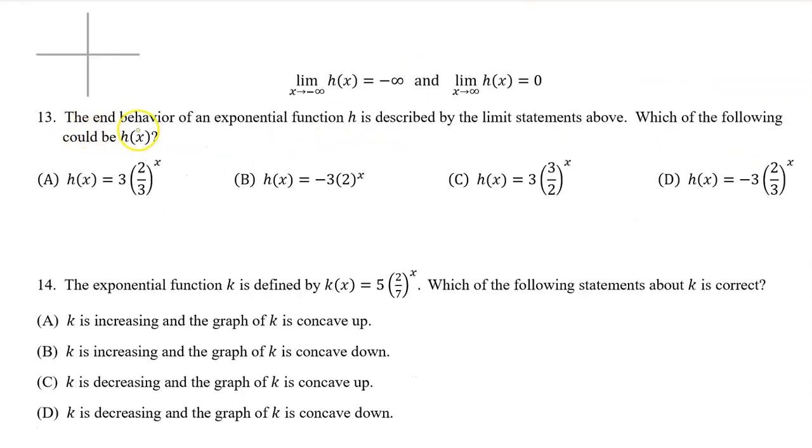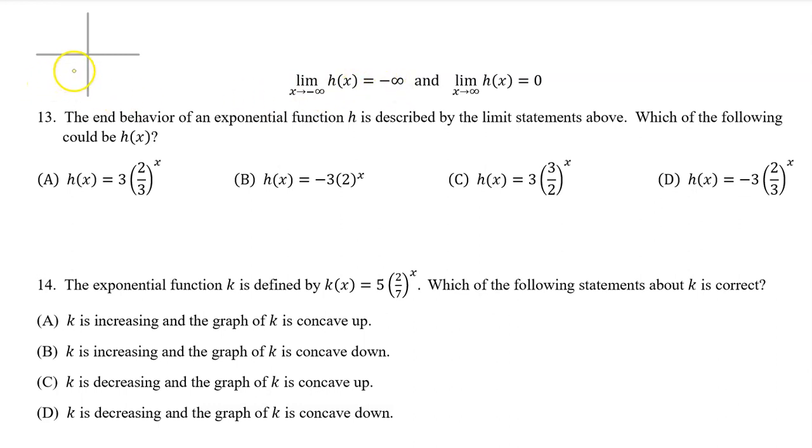Number 13, the end behavior of an exponential function h is described by the limit statements above. Which of the following could be h of x? The limit as x approaches negative infinity of h of x equals negative infinity. So as we move towards the left, the value of the function falls.